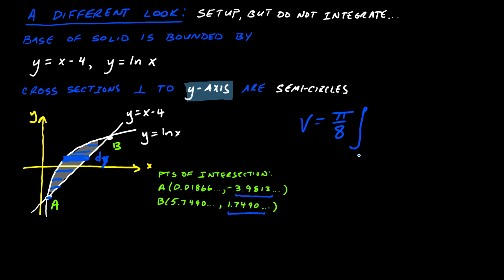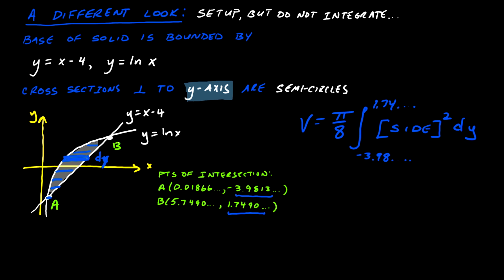The bottom one is approximately negative 3.98 and so on. And point B, we're going to go up to about 1.749 and so on. And then we're just going to need our side length squared, and it's going to be dy.